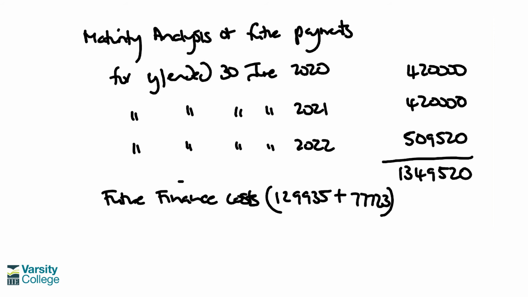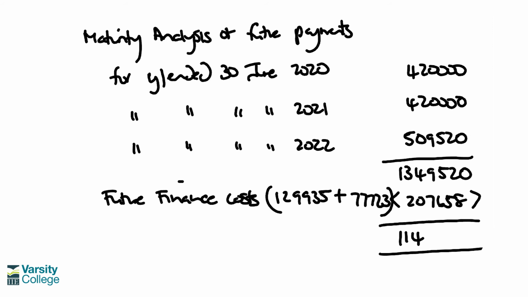You add those two figures together, comes to 207,658. And if you then subtract that from the 1,349,520, you get the capital portion. So it's the future interest payments. And that's the maturity analysis done.